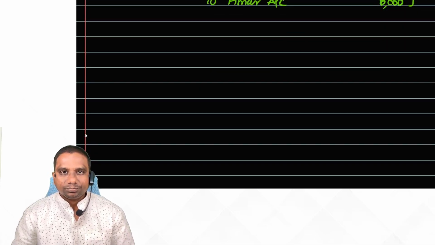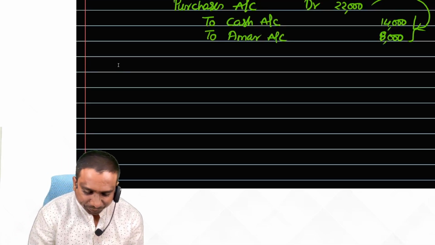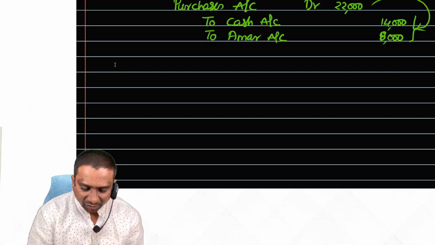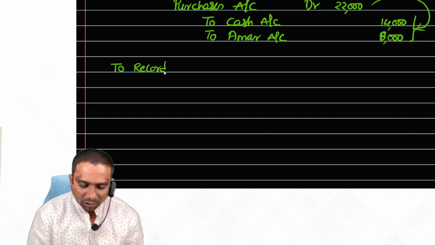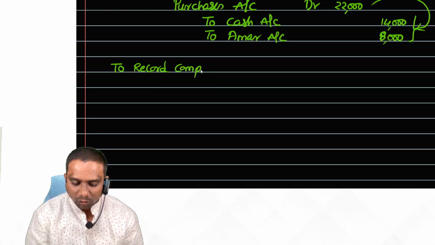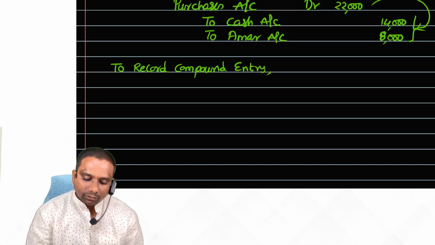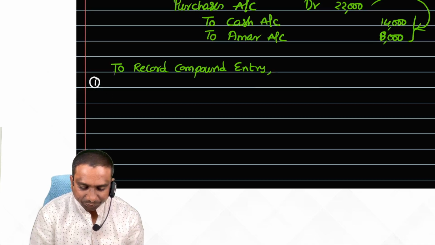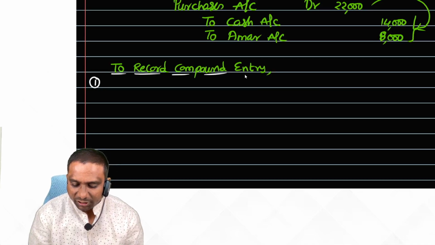That means, to record a compound entry, two conditions must be satisfied. What is the first condition, student?